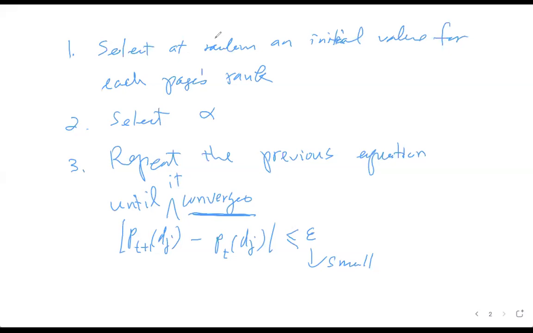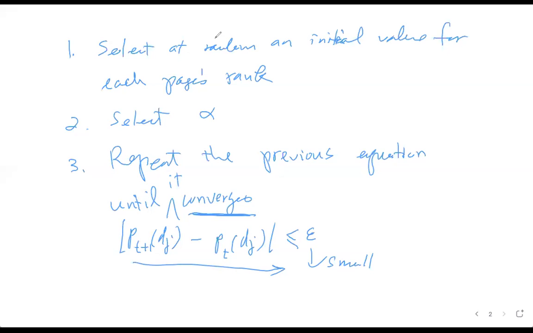As we mentioned earlier, the theory of Markov chains indicates that this will converge as long as certain conditions are met. We're not going to go into the general theory, but for this PageRank matrix, the way it's constructed makes sure that it converges. You just don't know how long it's going to take, but usually it's pretty fast.